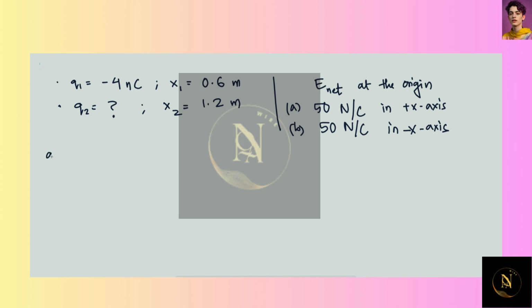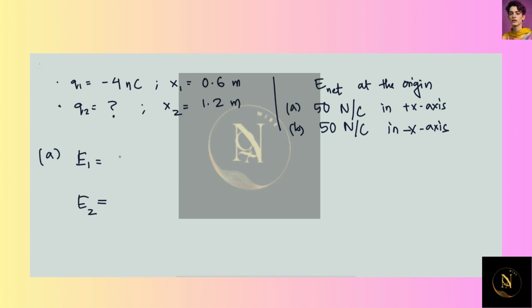For the first case, let's find E1 and E2, the electric field due to each of these charges. Since E net is at the origin, we need to find E1 and E2 at the origin only.